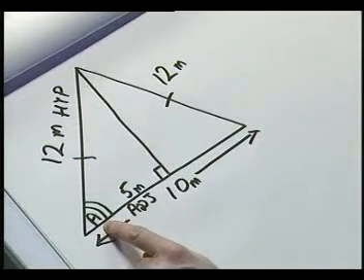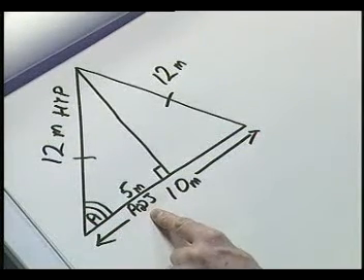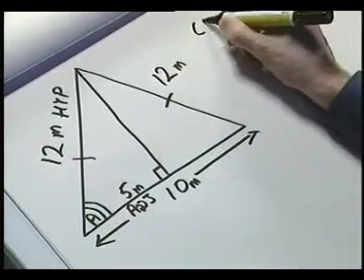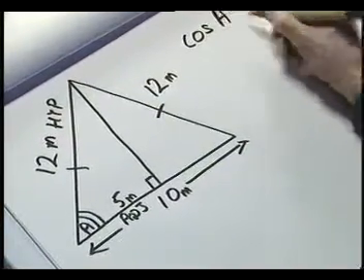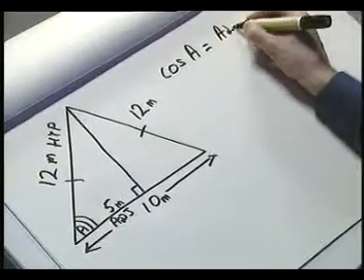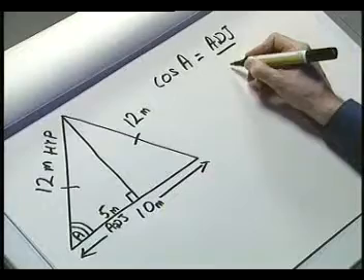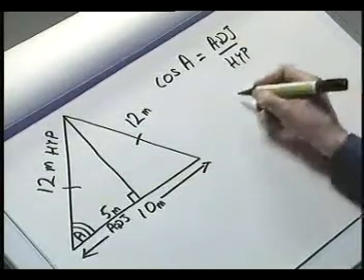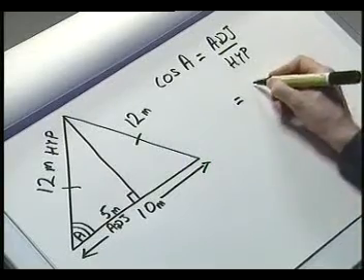What trig ratio of the angle A connects the adjacent side and the hypotenuse? Well, that's the cosine. So the cosine of A is equal to the adjacent over the hypotenuse. And we can substitute the numbers in.